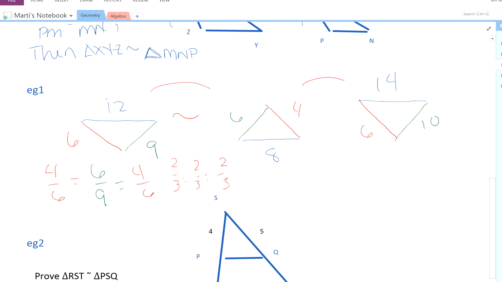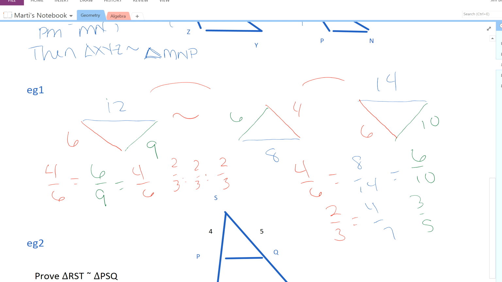So let's try these two right there. We're going to have 4 over 6. Is that equal to 8 over 14? Is that equal to 6 over 10? If we reduce these, the red is 2/3, the green is 3/5, and the blue is 4/7.